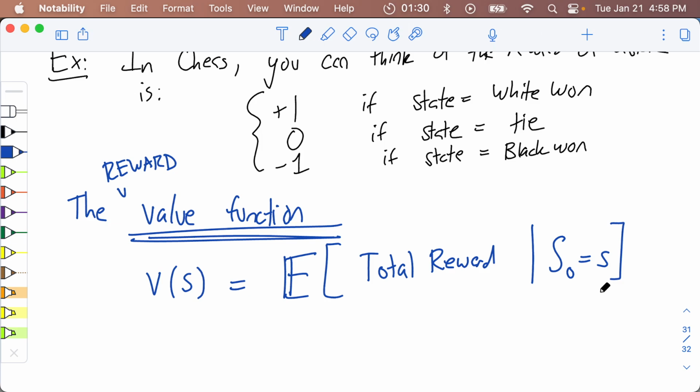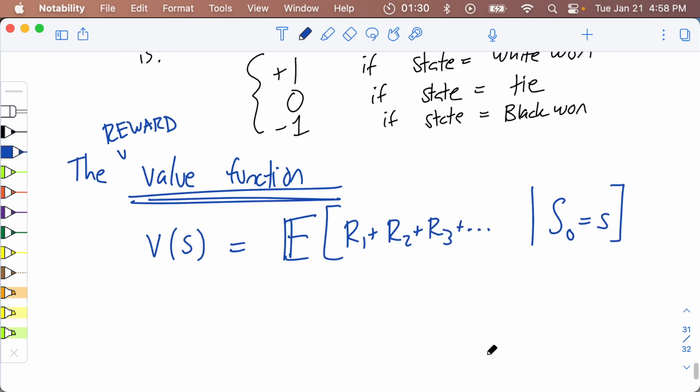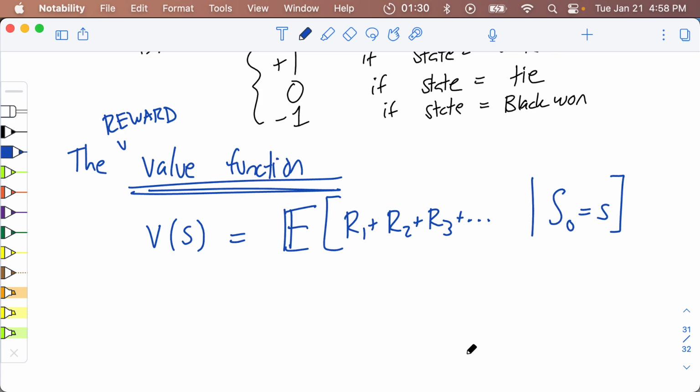The total reward in general, you can write it as a big sum. So you could write R1 plus R2 plus R3 plus dot dot dot. This total reward has a name, which is kind of confusing. This thing is called the return. I'm going to sometimes try to use the word total to distinguish it.